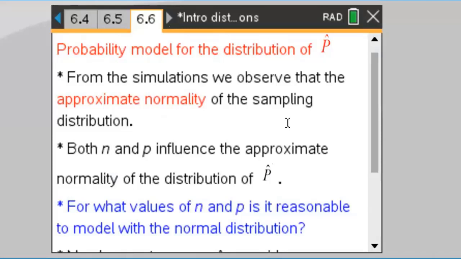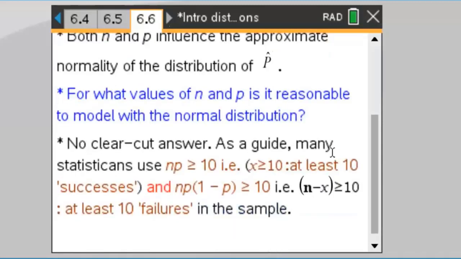of P hat? And if you look at very old textbooks, I used to quote that N times P had to be at least 5, and N times P times 1 minus P had to be at least 5 as well. Now, that's gone out the window. Many statisticians today now say that it should be at least 10 successes and at least 10 failures.